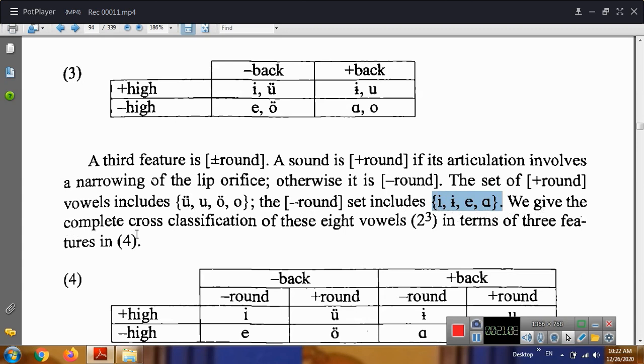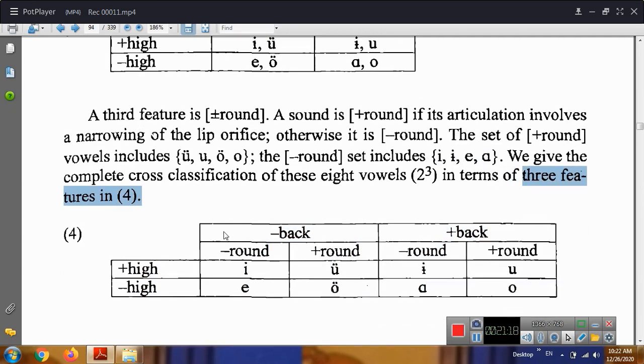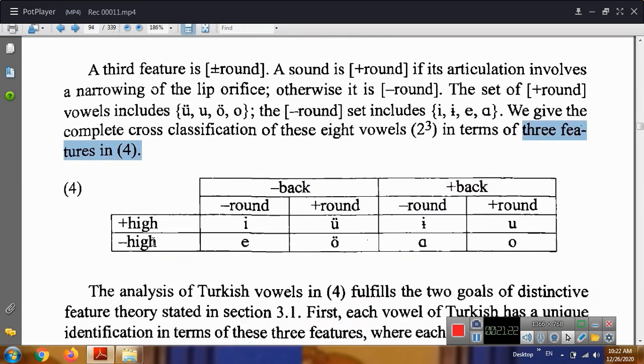We give a complete cross classification of these 8 vowels in terms of 3 features. Okay, when our features are more, our sounds will be limited. What are the plus high, minus round, and minus back sounds?